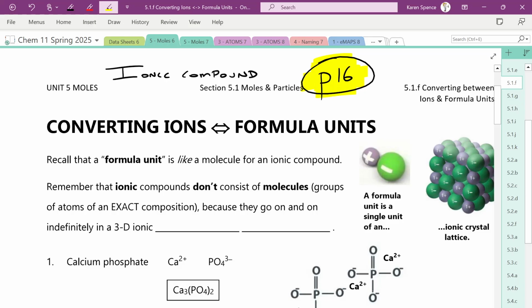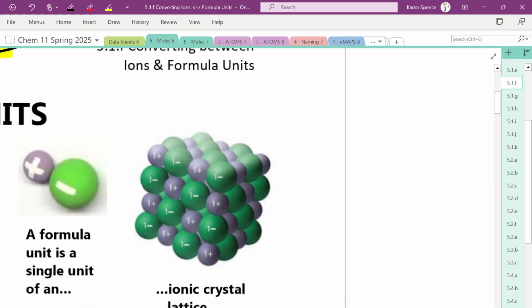If you remember, a formula unit is like a molecule, but it's for an ionic compound. So if we took our ionic crystal lattice and we took a single unit of that ionic crystal lattice, that is called a formula unit.